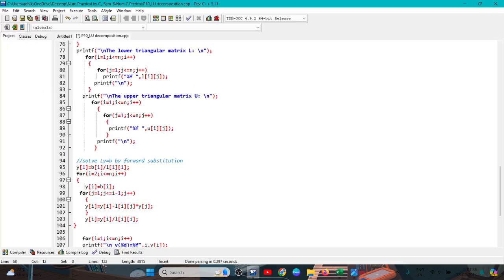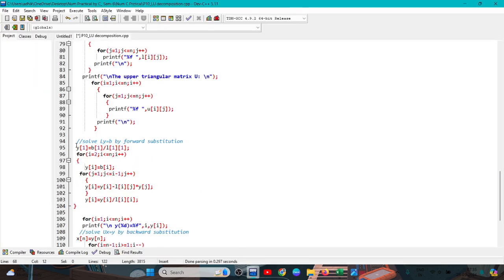You calculate y1 equal to b1 by l11, and for the others, i equal to 2, y2 equal to b2, then for j equal to 1, j up to i minus 1, j plus plus, you get y2.